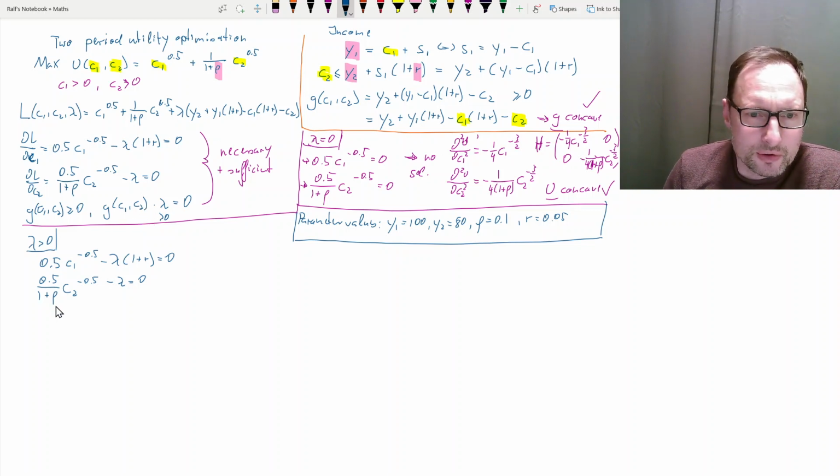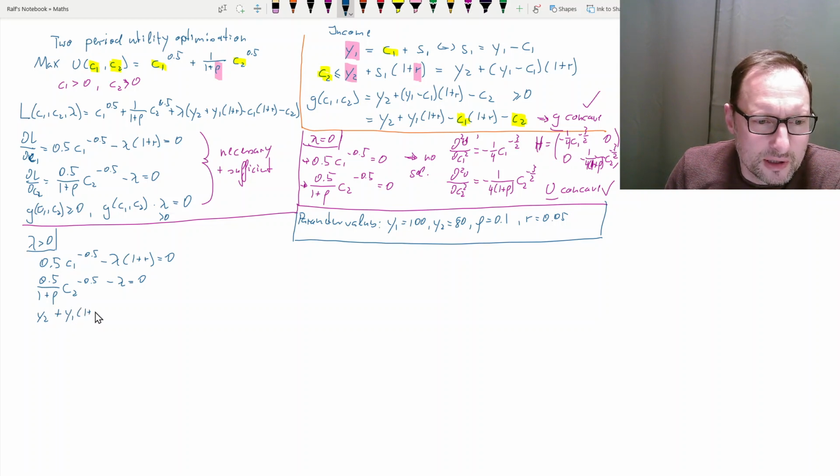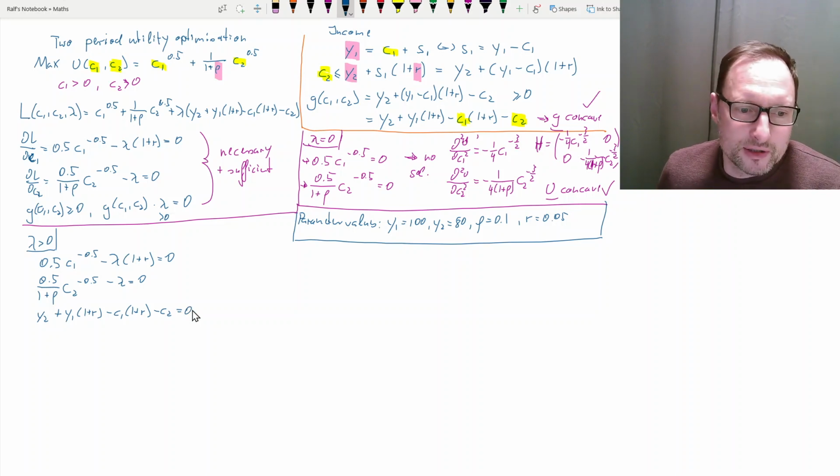So we go to our constraint equation: y2 plus y1 times (1 plus r) minus c1 times (1 plus r) minus c2 equals 0. So we now have three equations with three unknowns. We are in business. We can potentially find a solution here.